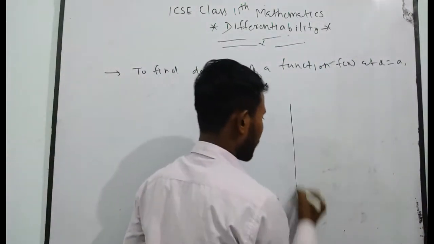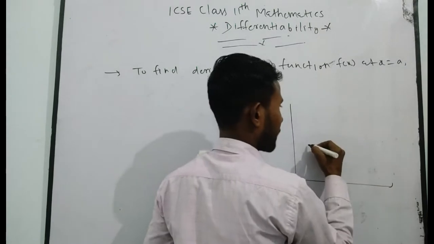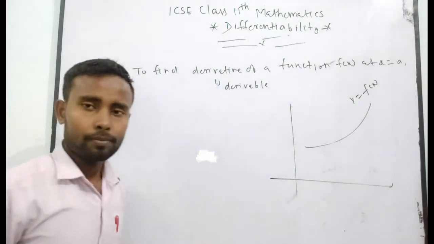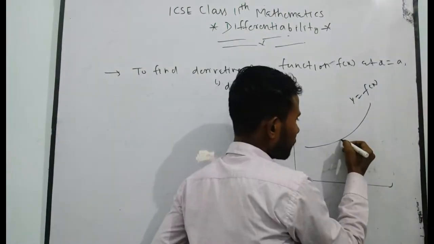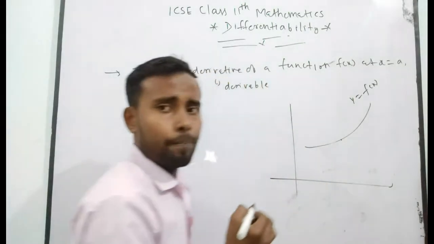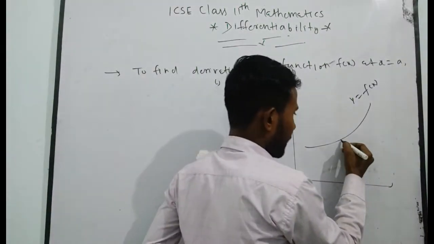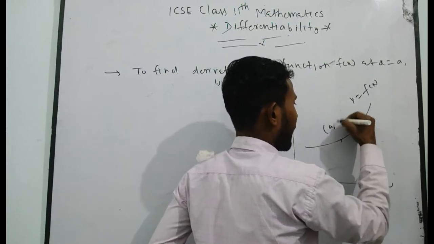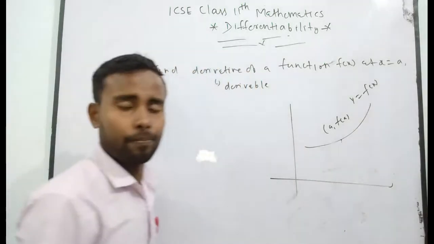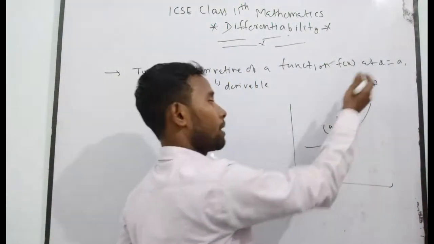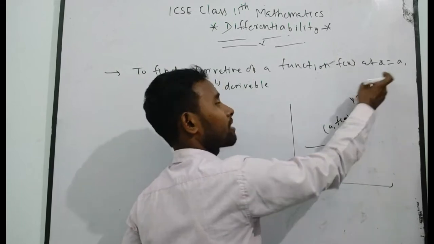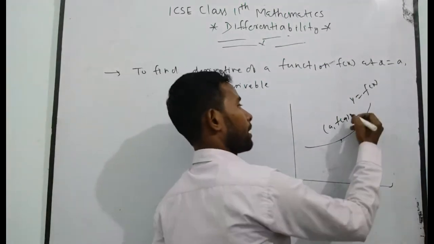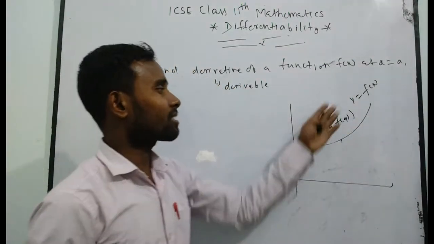Don't worry about it. To find the derivative of a function f(x) at x is equal to a, firstly suppose we take a function f(x). This is y is equal to f(x). Suppose this is a point A at which its functional value will be f(a), because if f(x) is a function and you want to find its value at x is equal to a, simply you replace x by a.